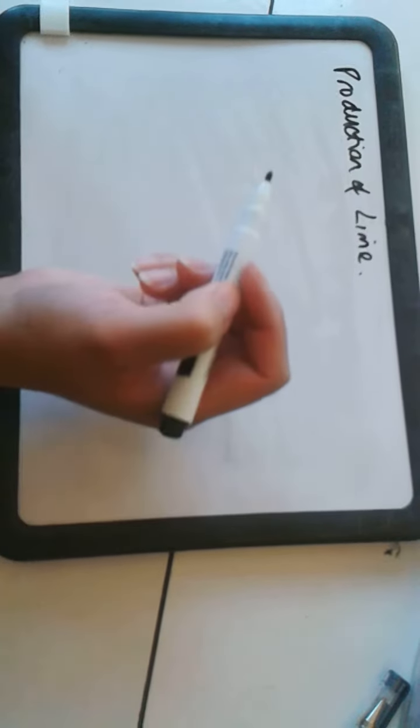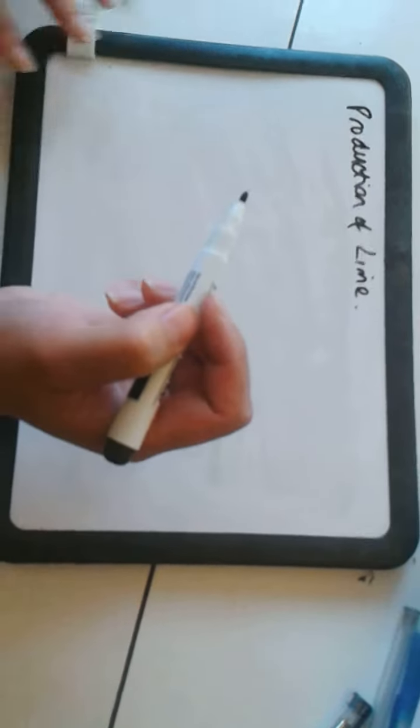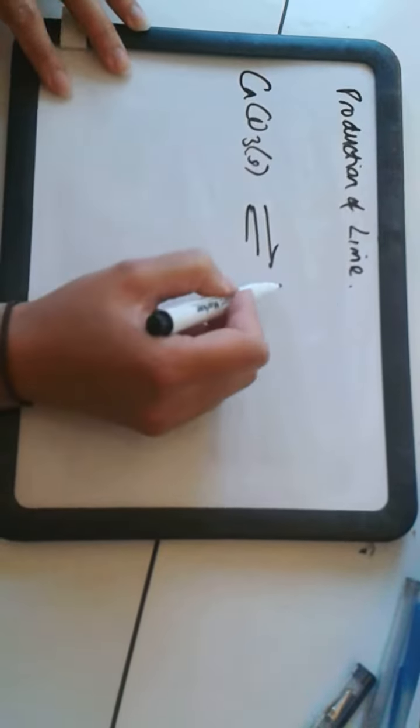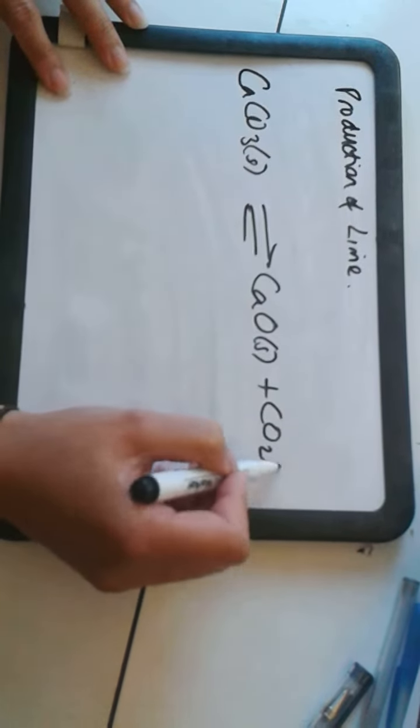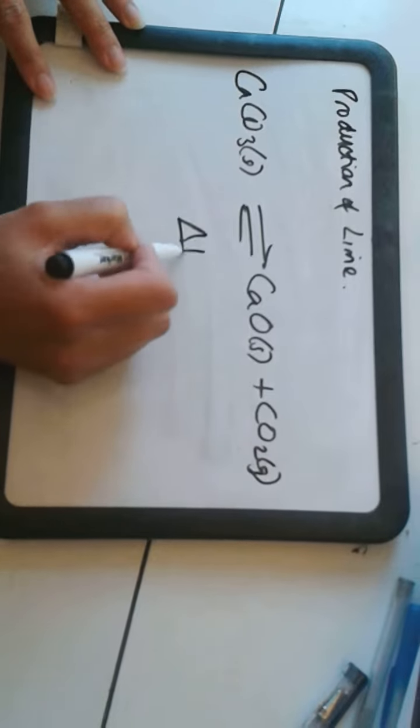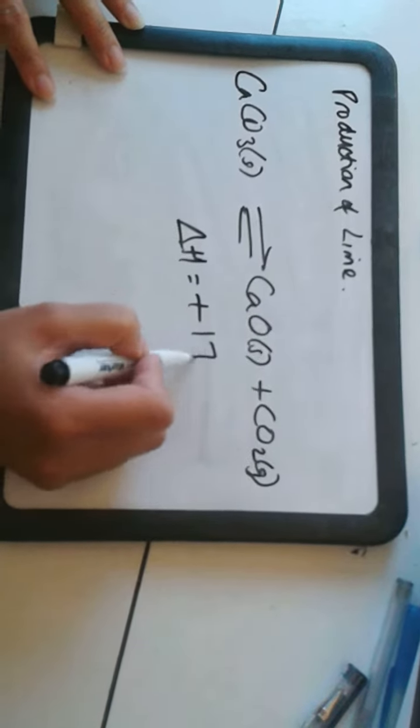The production of lime isn't actually studied as a reaction in industry, but all GCSE students should have come across it because it's the decomposition of limestone. So you've got your limestone, which becomes calcium oxide and carbon dioxide gas, and this is an endothermic reaction.